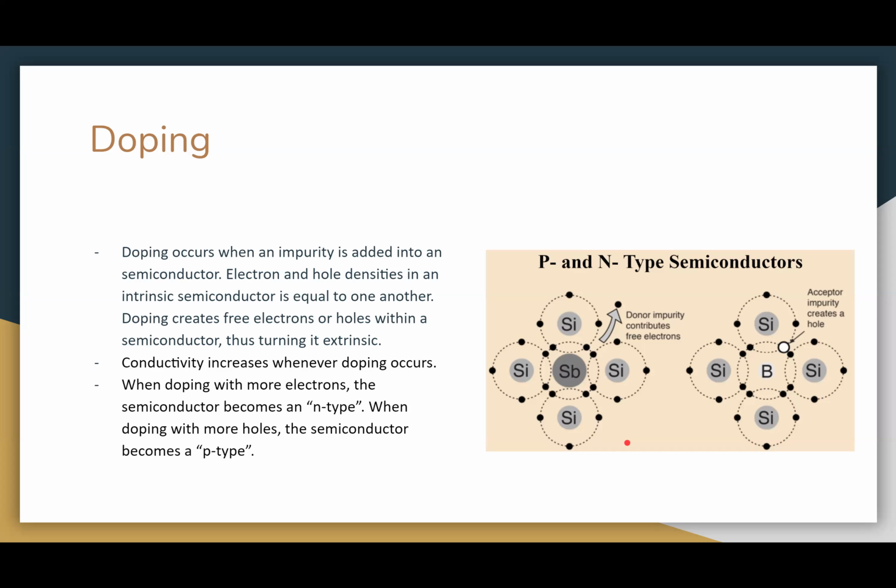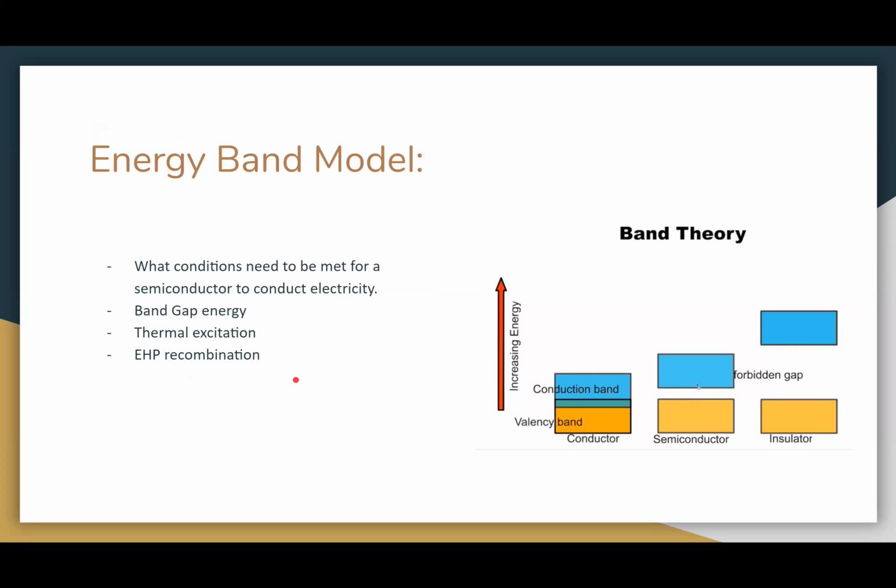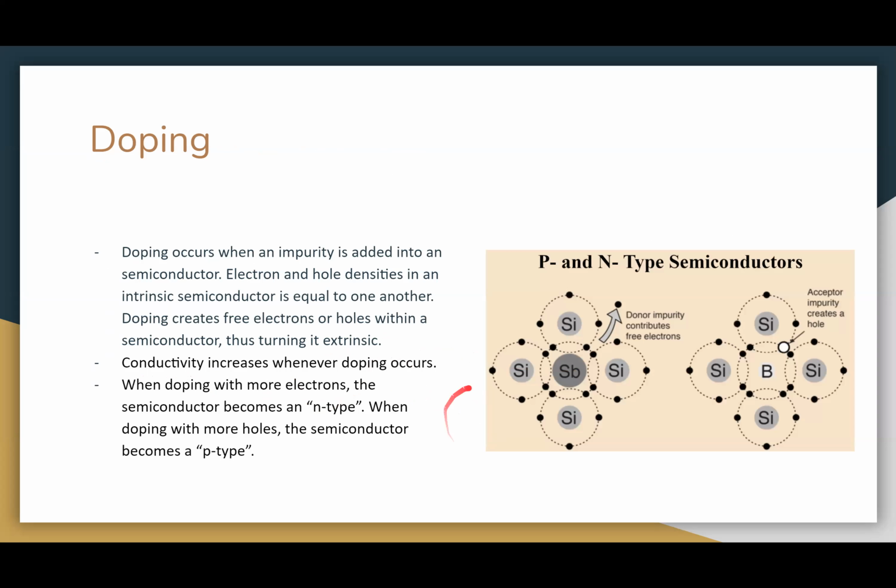Intrinsic, IN, and then you add the trinsic part at the end. But now, since we're adding Sb and boron, it's becoming extrinsic, meaning it's got impurities in there, which will lead it to be more conductive. So doping a silicon lattice increases the conductivity of the material.